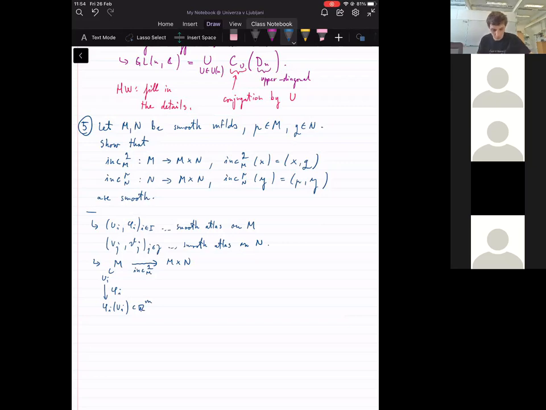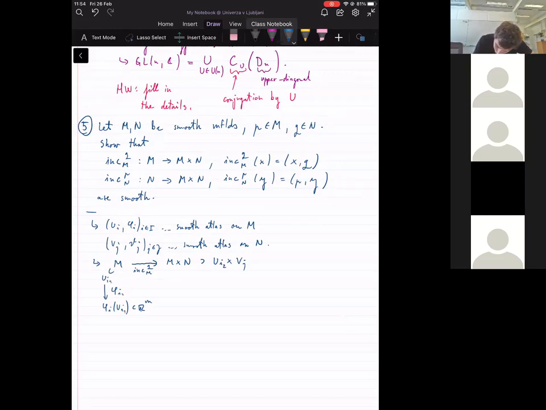On the other hand, we have here a chart U_i times V_j, and maybe now I should have some other index. Maybe let's write a 2 here and a 1 on the other side.